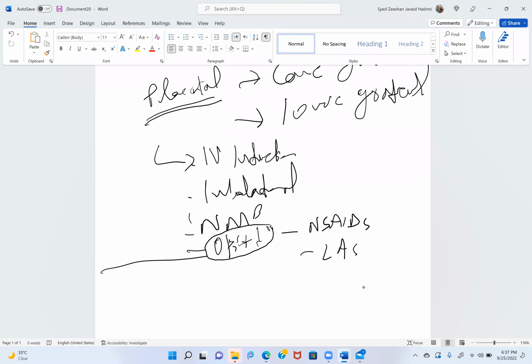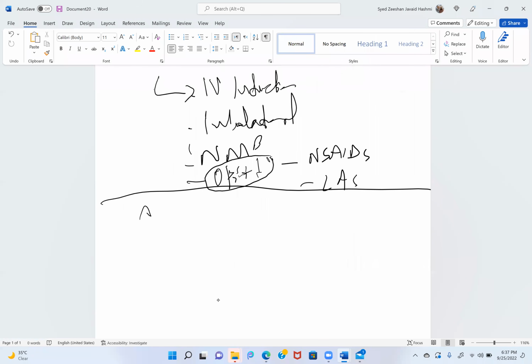So other than that, now the last point is left, but it is the most important, of course: what are the physiological, pharmacological, and anatomical considerations in a pregnant patient which will affect the anesthesia?